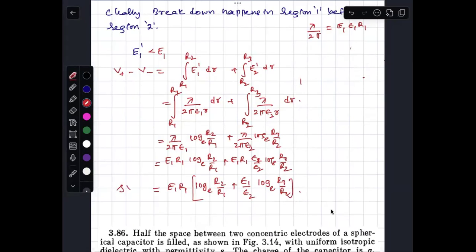This is the potential difference at the breakdown region. If you avoid this much potential difference, there is no breakdown. If you reach this potential difference, what will happen? Breakdown will first happen at R1 less than R2, at the point R2. Right or not? Any doubt in this? Clear? Sure? May I proceed to the next question?